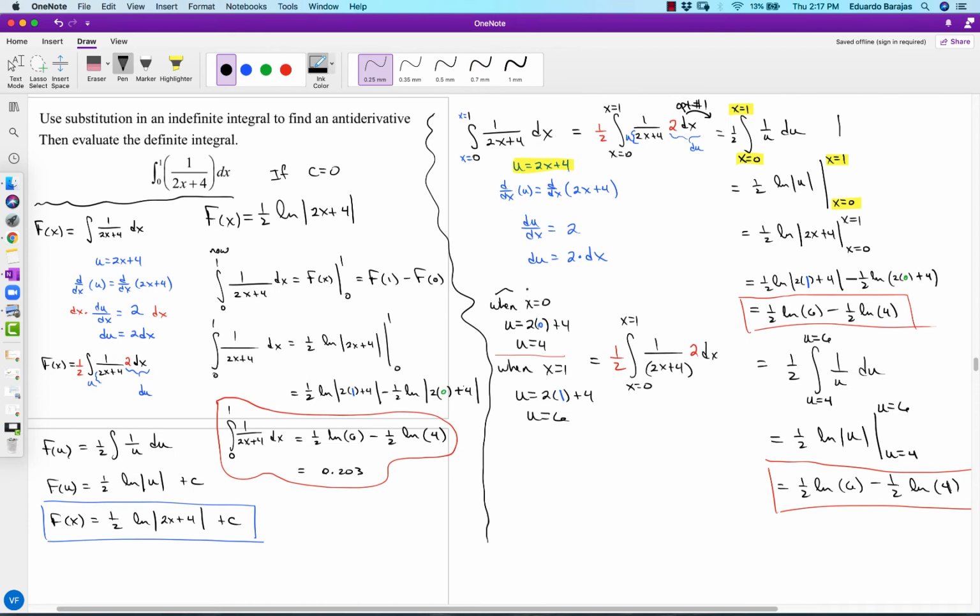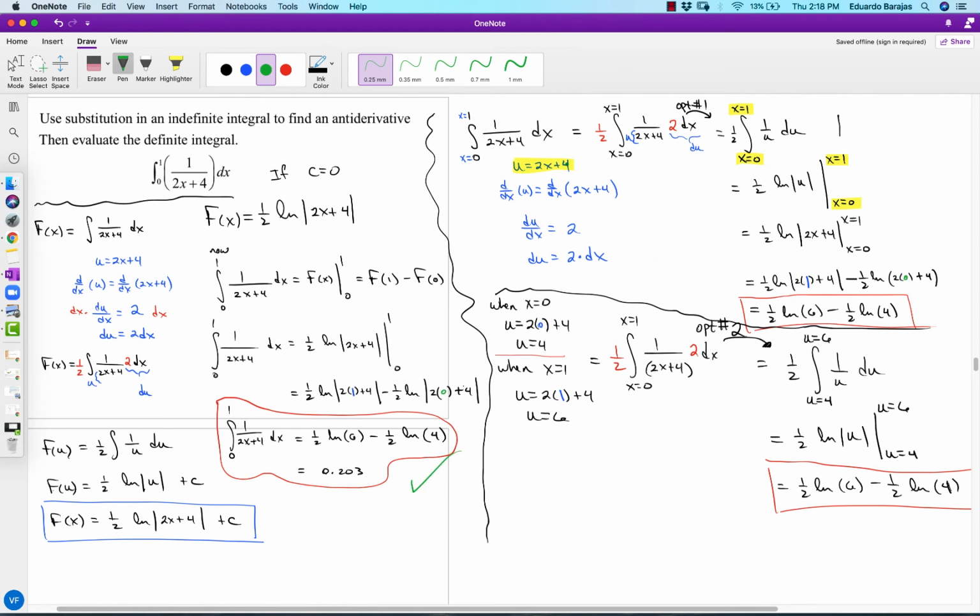So let me separate this here, and then let's put this like this. So this is option 2. So there are 3 different ways of doing this. Find the antiderivative first, kind of separately, find that answer, come back, and then evaluate it this way. So this is one way of doing it.